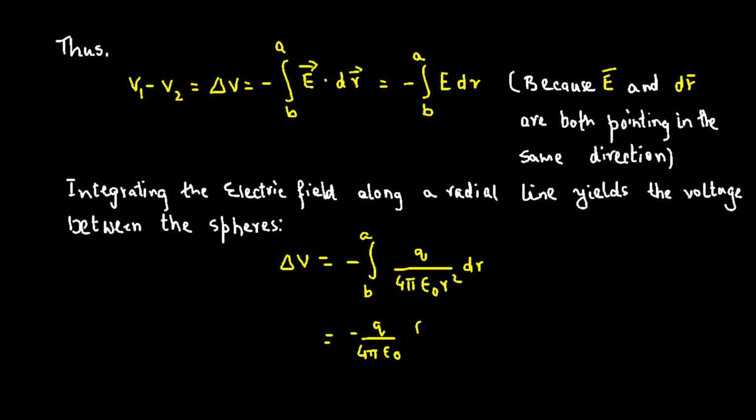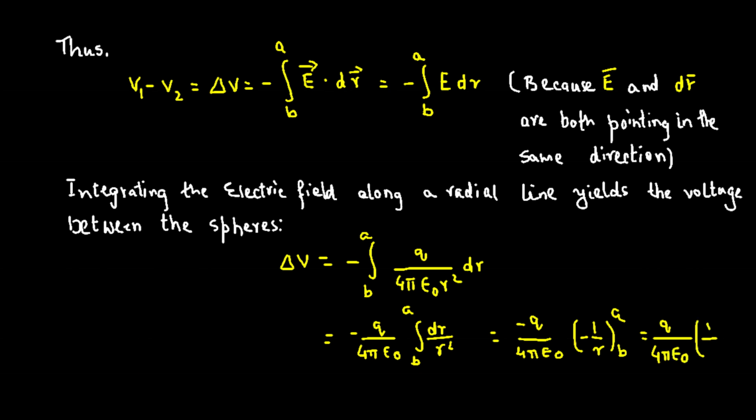This is multiplied by the integral dr over R squared with the limits going from B to A. That gives us negative Q over 4 pi epsilon naught, solving the very simple integral, which gives us Q over 4 pi epsilon naught times 1 over A minus 1 over B.